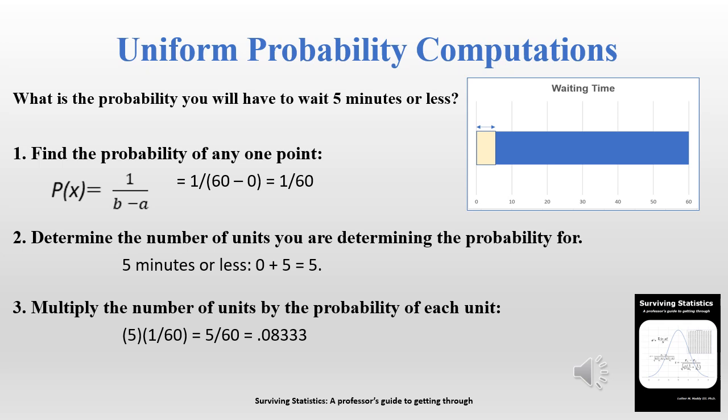The next step is to determine the number of units we're working with. We're working with 5 minutes or less, so that ranges from 0 to 5, which gives us 5 units. Then we multiply the number of units by the probability of each unit. So 5 times 1/60th, or 5 divided by 60, gives us 0.0833. And so we have about an 8% probability of waiting 5 minutes or less for the next bus.